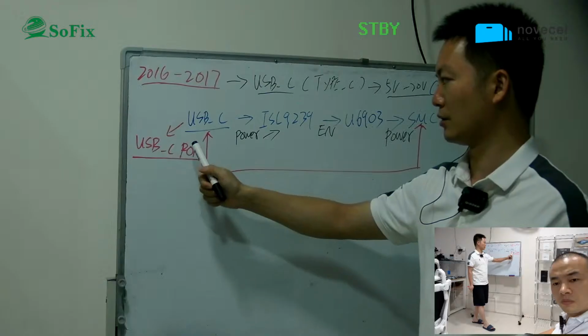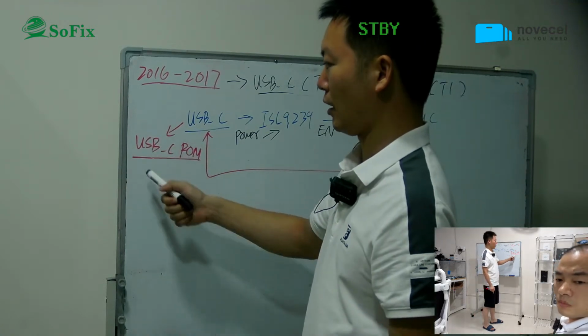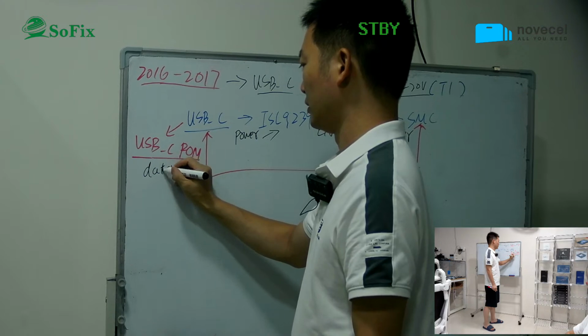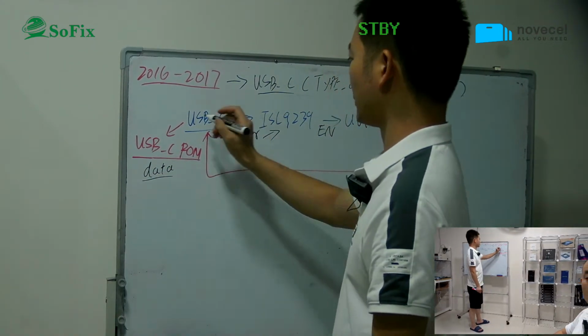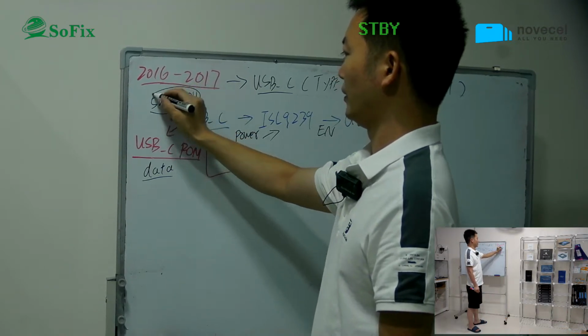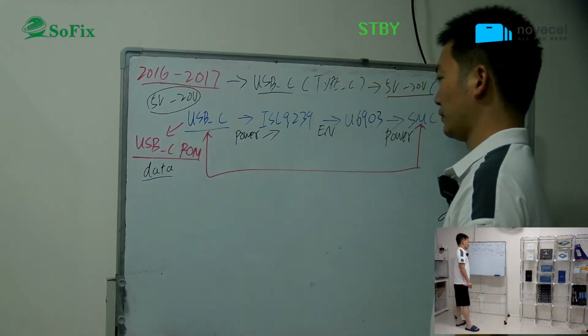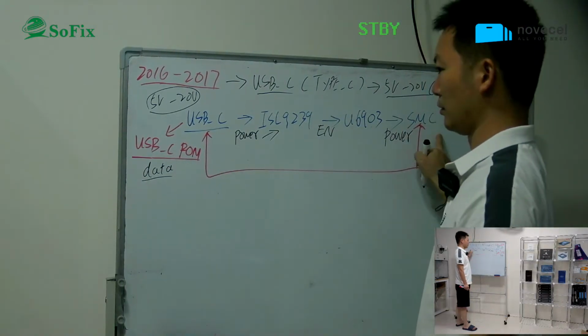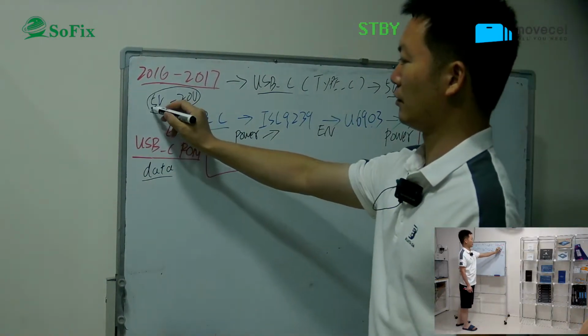USB-C chip reading the USB-C ROM data. When the data is normal, then it can boost from 5 volt to 20 volt. So if the problem is USB-C ROM data or the SMC not working, you get just the 5 volt.